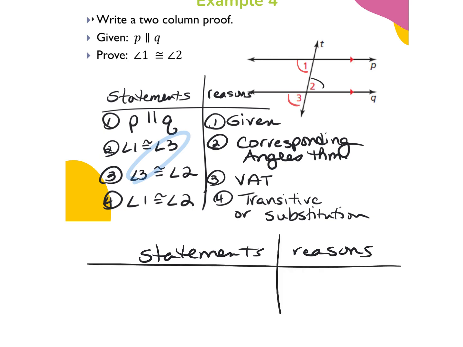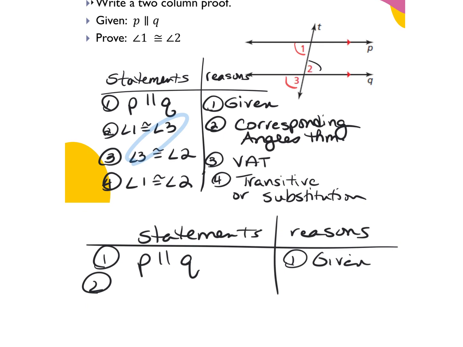And without having to go through all that, just state that if P is parallel to Q, which was given, then we can use that alternate interior angles theorem and just go right to the statement. Angle 1 is congruent to angle 2, and the reason is the alternate interior angles theorem.